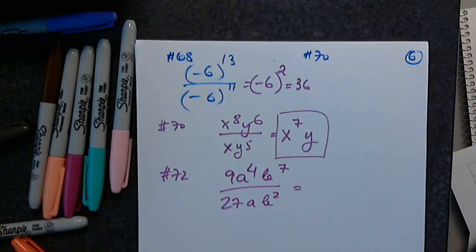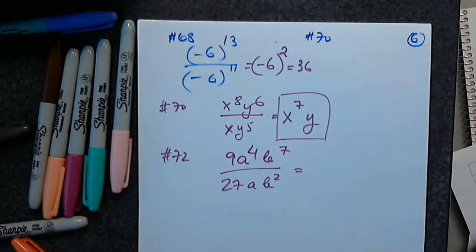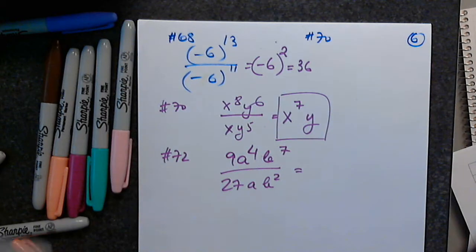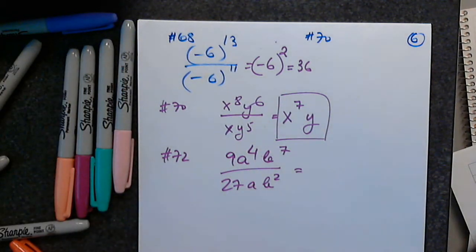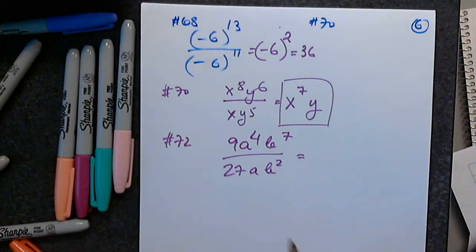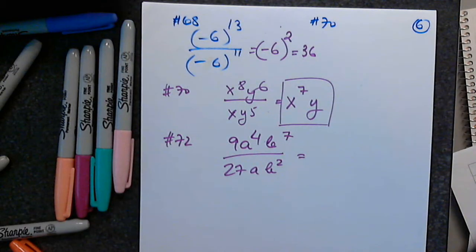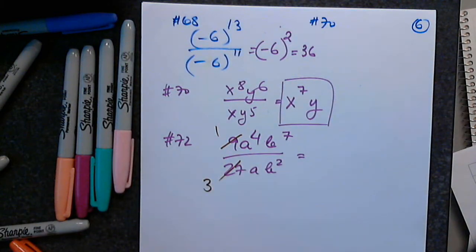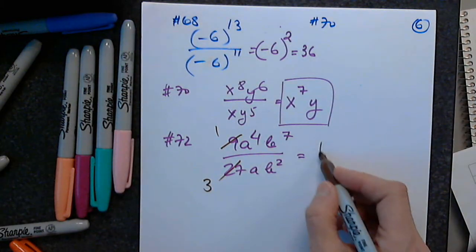Okay, what will be the first step? 9 and 27 have a common factor of 3. 9 over 27 is 1 over 3. So I have 1/3.